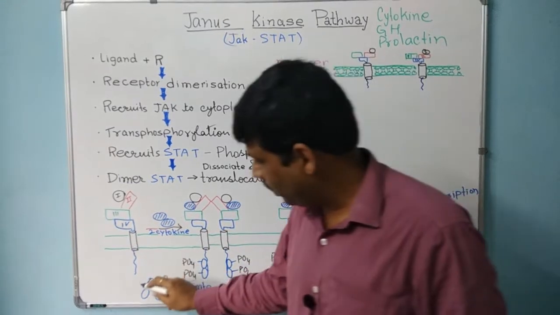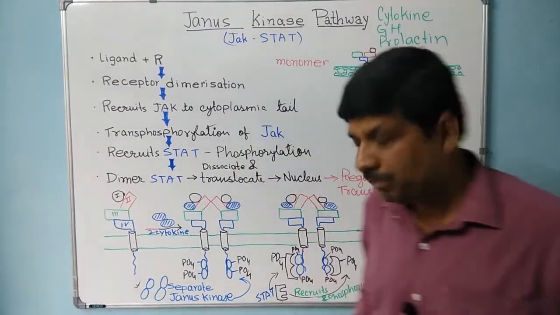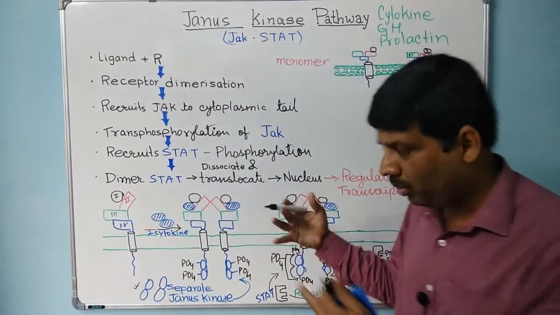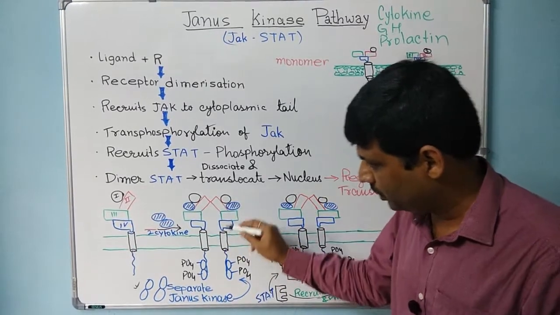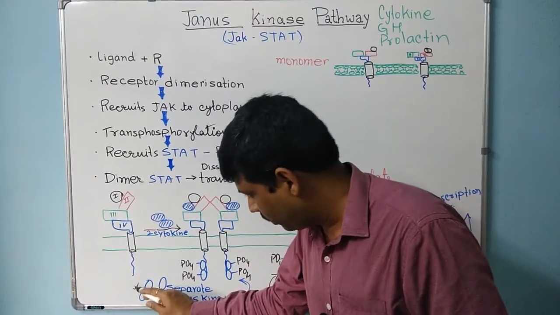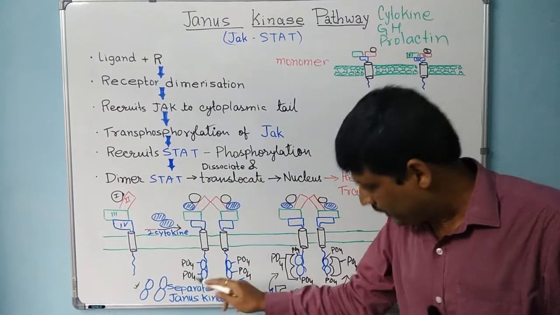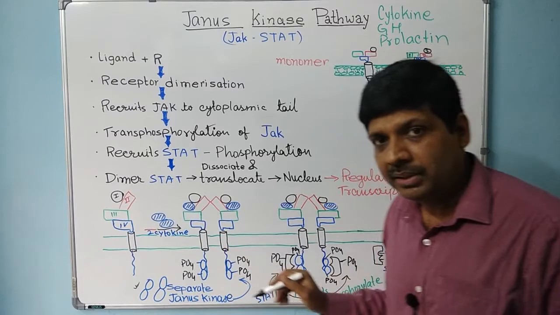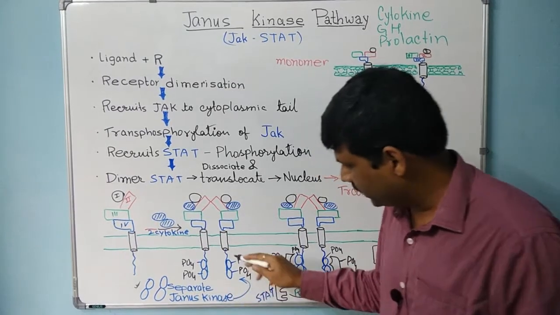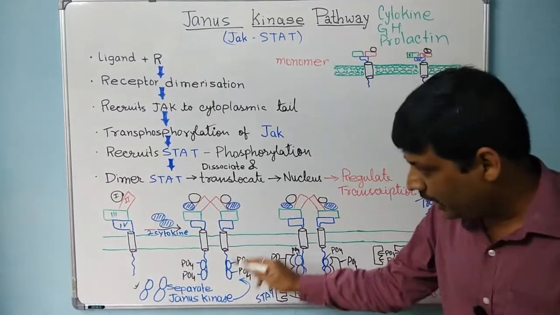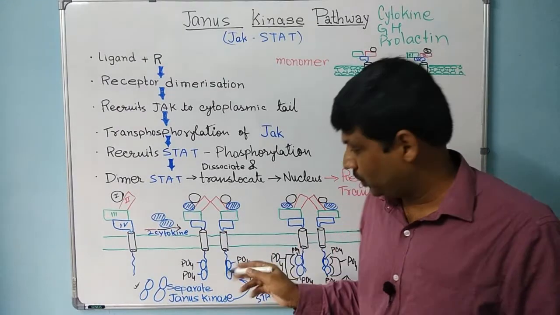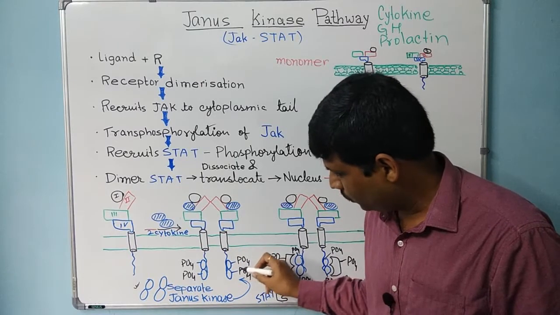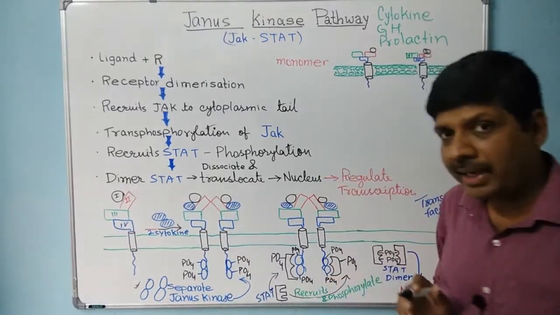Janus kinase exists separately inside. Upon binding of the ligand with the receptor, dimerization occurs, and this dimerization recruits the Janus kinase from inside to the intracellular part. This Janus kinase gets attached with the intracellular part, and then phosphorylation or activation of the Janus kinase occurs. Phosphorylation will make this Janus kinase active.